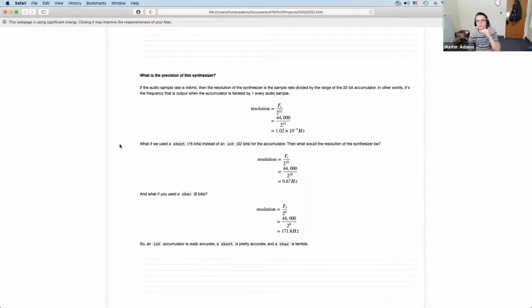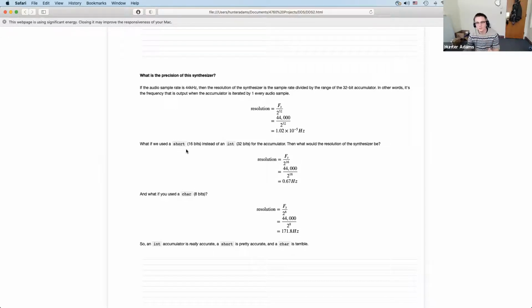It's how much frequency is contained in 1 unit of the accumulator. Is it clear that that's sort of the same question? The resolution is, you can produce a desired output frequency to within the amount of frequency that is contained within 1 unit of the accumulator variable, right?